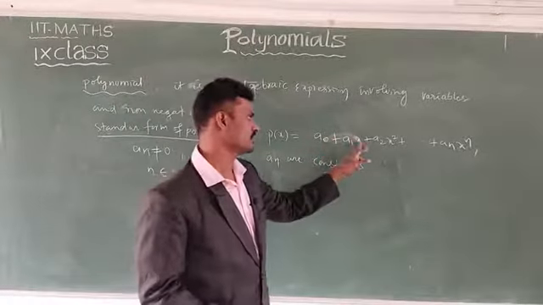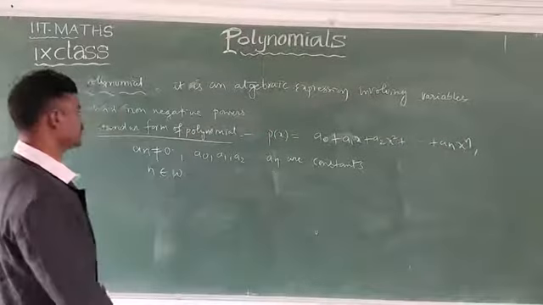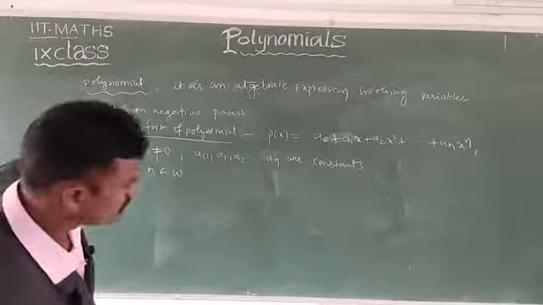Here this is 0, 1, 2, 3, up to n. This is a polynomial. It's the standard form.